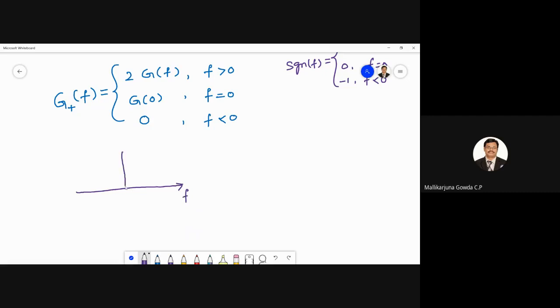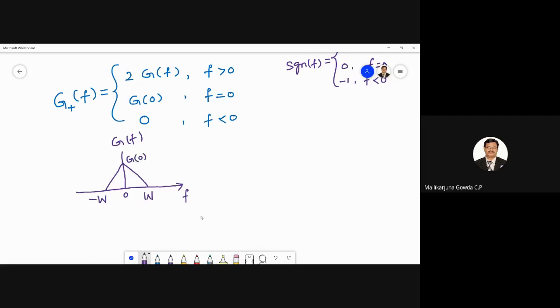So this is my G of f, which exists over the frequencies minus W to plus W. At f equal to 0, I can call that G of 0, right?